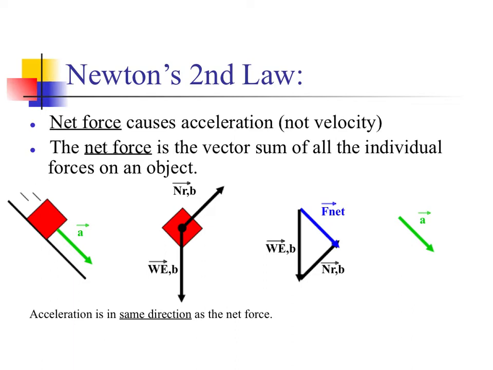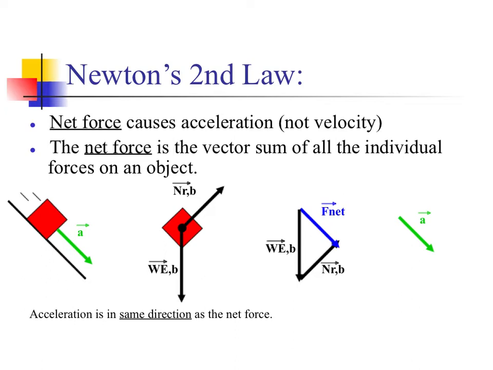So we see an object going down the ramp. We know that as we've seen a number of objects go down a ramp, it will accelerate. It goes faster.